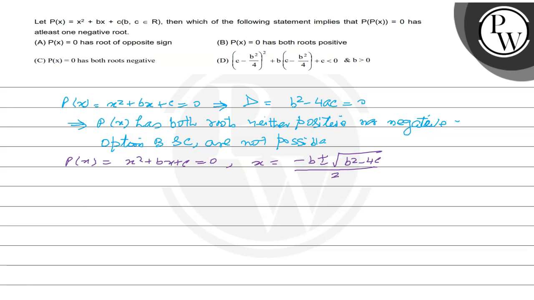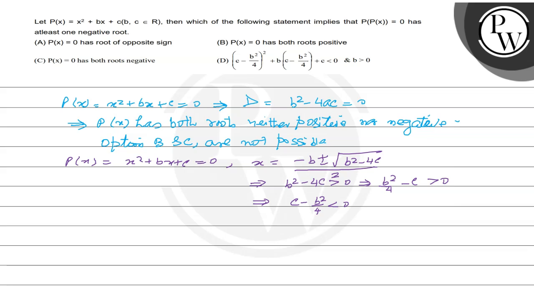If I take only this portion, the discriminant, this shows that b square minus 4c will always be greater than 0. When it is greater than 0, we can write b square over 4 minus c will be greater than 0. And then again we are saying that c minus b square over 4 will be less than 0, because it has been given over here.